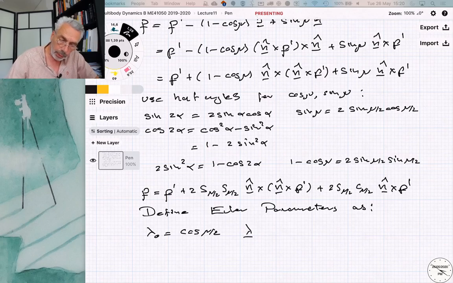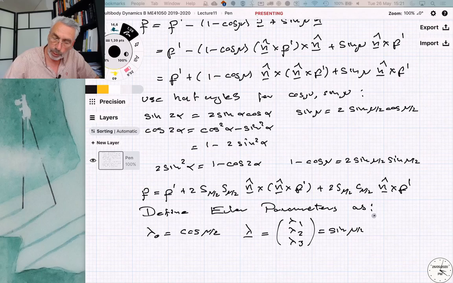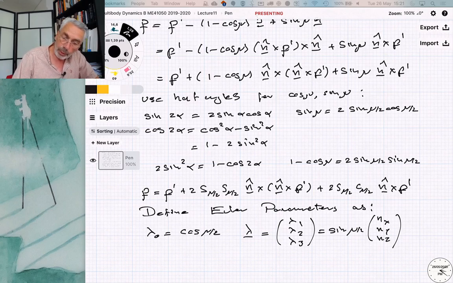And then I'm going to define a vector lambda, and it has 3 components, lambda 1, lambda 2, lambda 3, Euler parameters, and they are the sine of mu over 2 times this nx, ny, nz. This n vector. And why do I do that? Well, I see here an n and a sine mu over 2, and I see here 2 times an n and 2 times a sine over 2. So with these 4 parameters, I can now describe this expression.